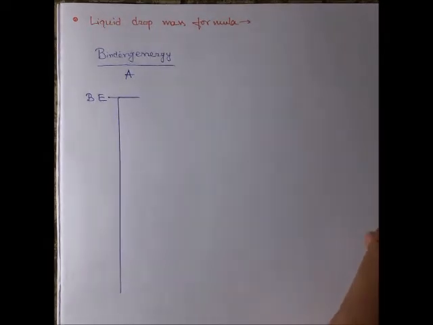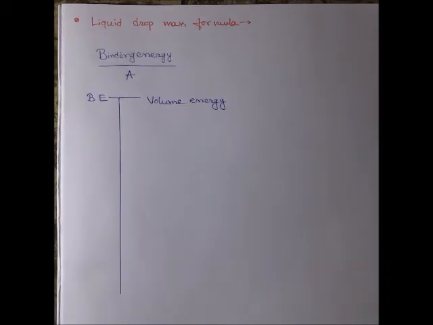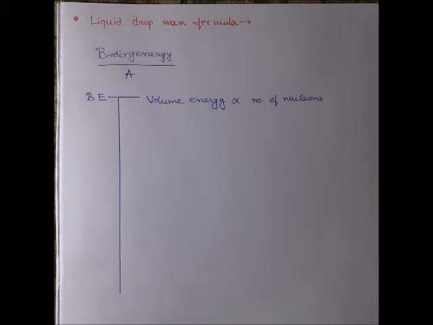The first one being the volume energy. Now, the volume energy is directly proportional to the number of nucleons. Basically, when the nucleons are packed in a nucleus, the number of nucleons surrounding one nucleon under consideration is the same. So this explains the constant binding energy of each nucleon.